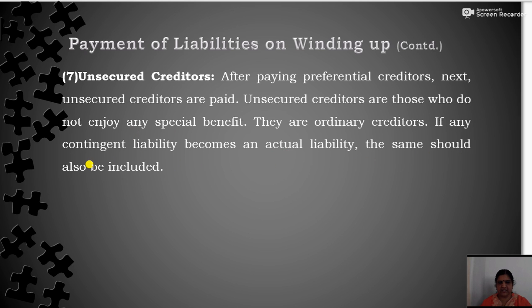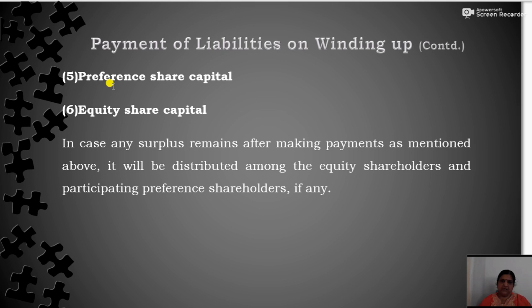So unsecured creditors are those creditors who do not have any specific benefit or special benefit or any preference. In case any contingent liability becomes actual liability, then the same should also be included.